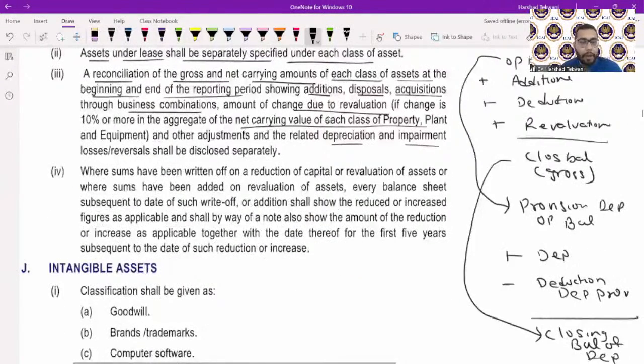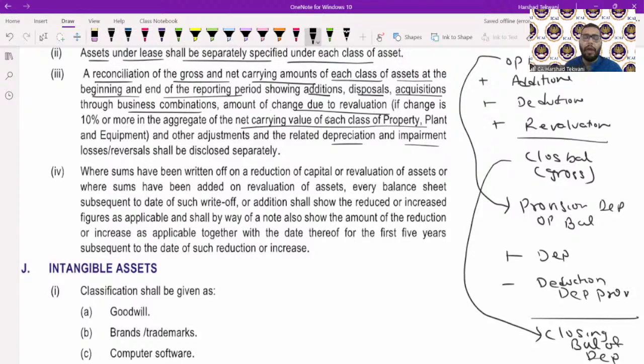After this, the next point is where there is a reduction of capital or revaluation of an asset, and any amount has been written off or added due to revaluation. Then the applicable figures you need to show by way of notes, and there is a provision for the first 5 years that you show such reduction and increase.